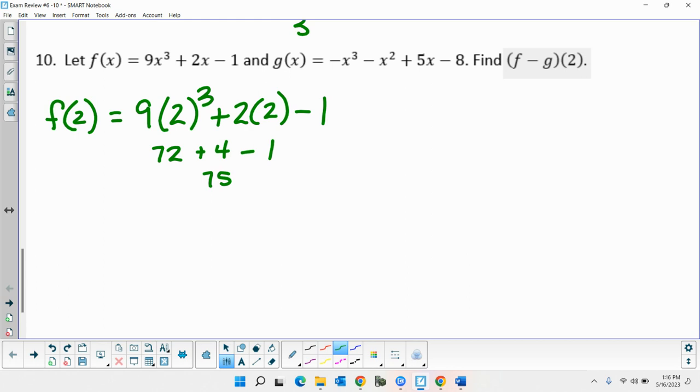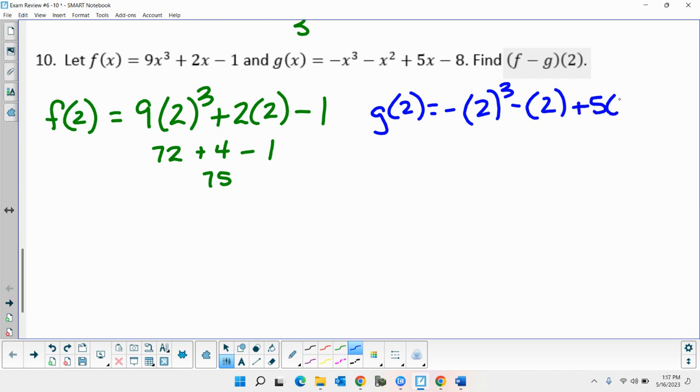And do g of 2, which is negative 2 cubed minus 2 squared plus 5 times 2 minus 8. 2 times 2 times 2 again? 8. What's that do to it? Negative. Oh, I forgot.